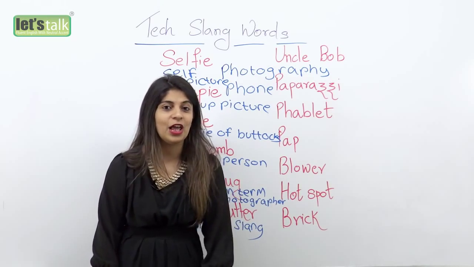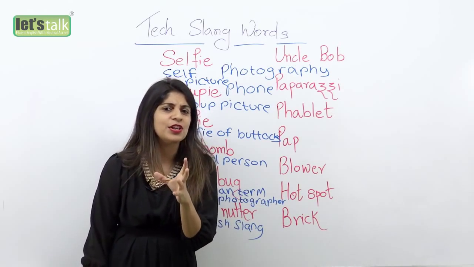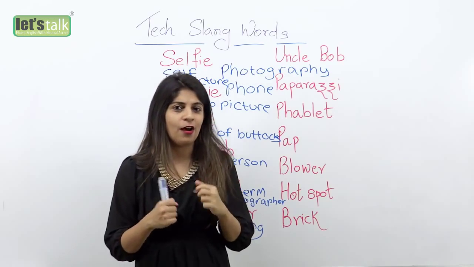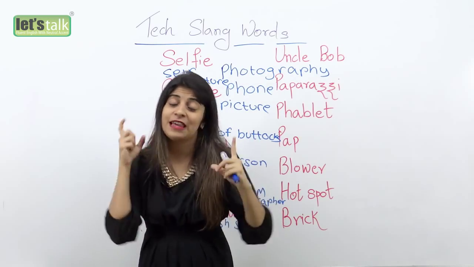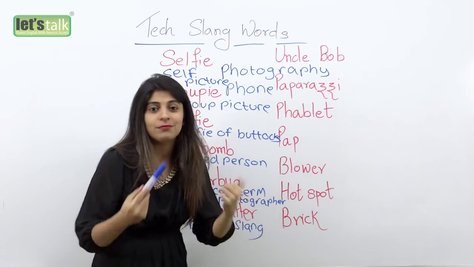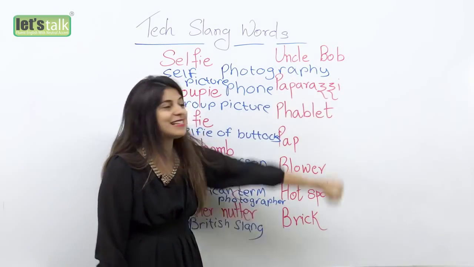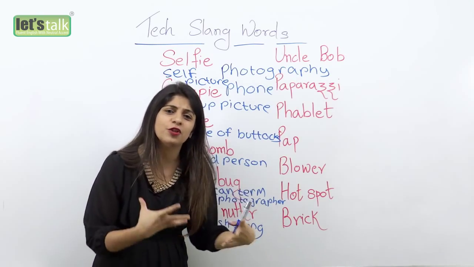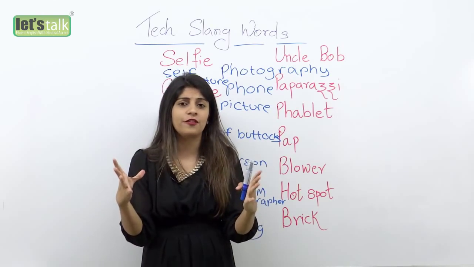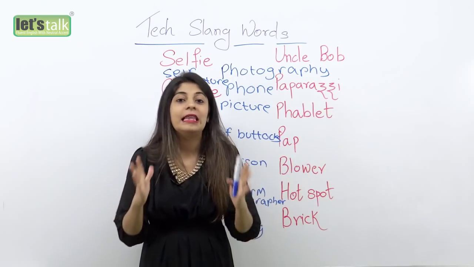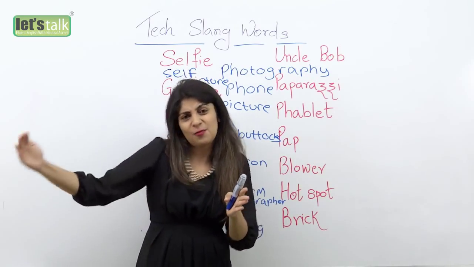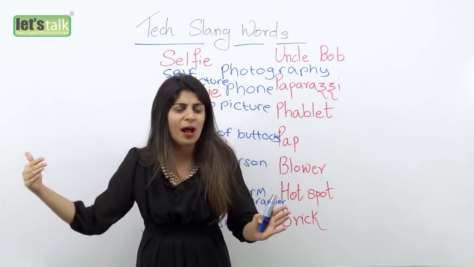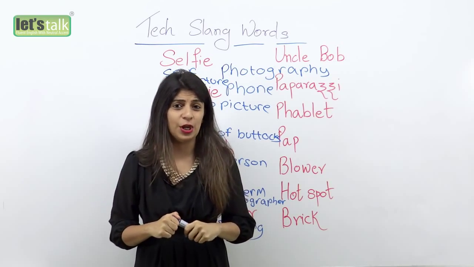You go to a wedding, you would always see a person who's carrying a camera and clicking pictures as if he's been hired for the photography. So that's Uncle Bob for you, who keeps annoying these wedding photographers, because wedding photographers love to be perfect. They love to do their job. And if someone just keeps popping in, comes into their way, they get really annoyed.